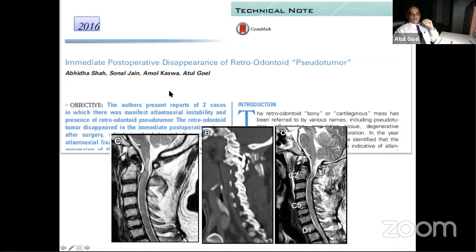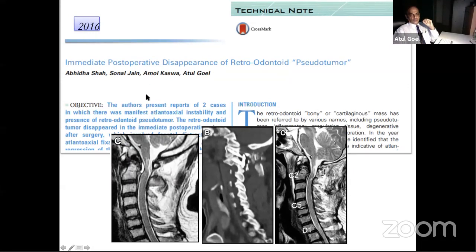Then came our very beautiful another article. You see retroodontoid cyst. This is not actually a cyst. This is also called a pseudotumor, retroodontoid pseudotumor. And if you realize that the whole world will come either from the mouth or from behind because there is a lot of cord compression.